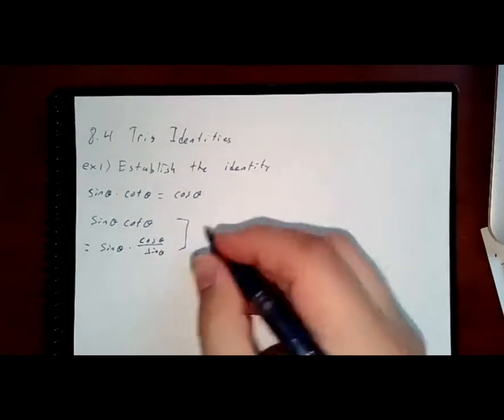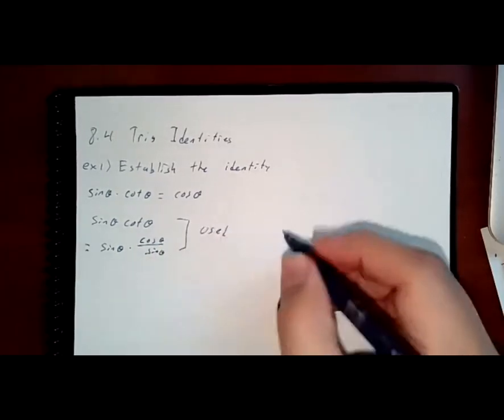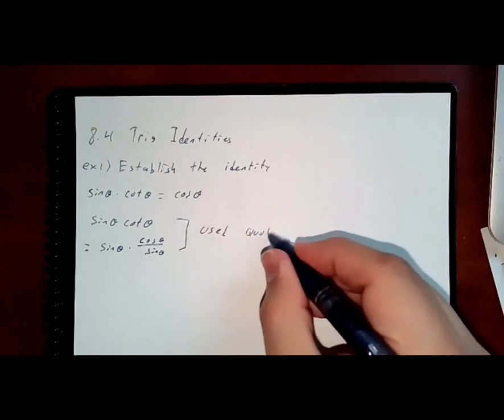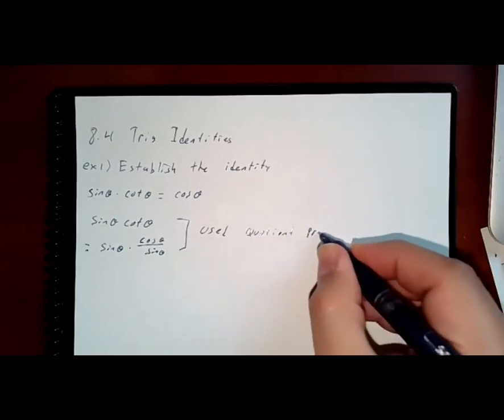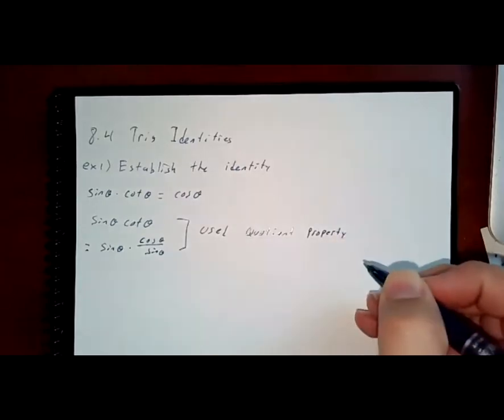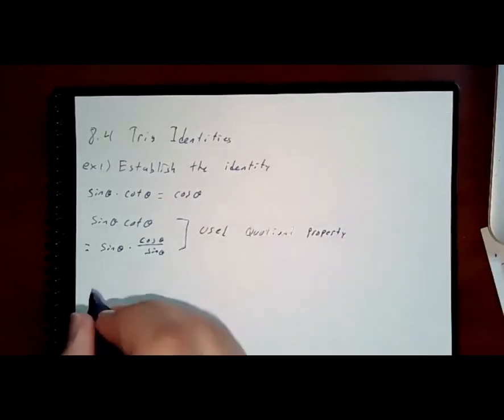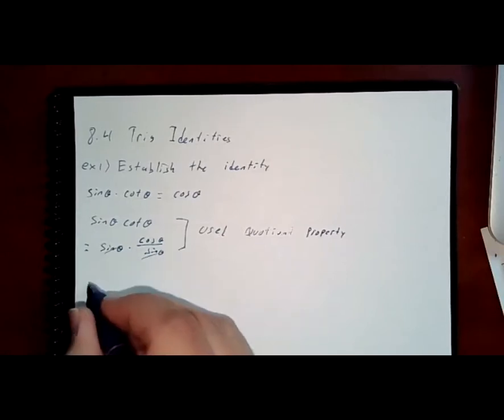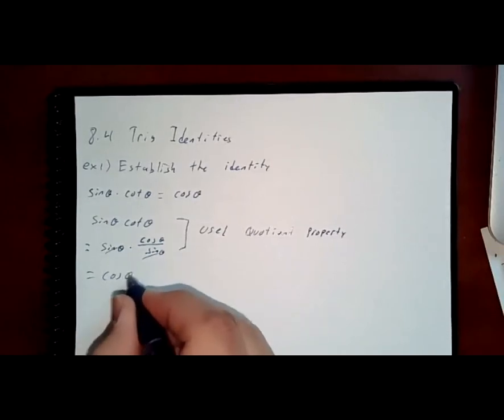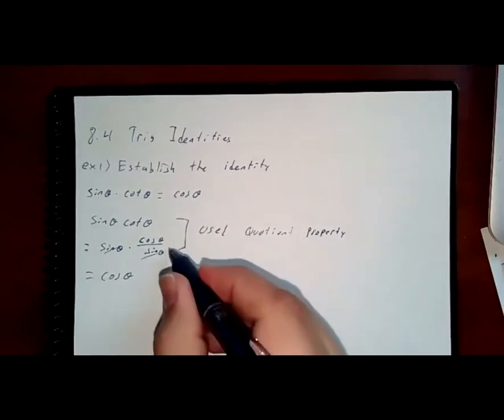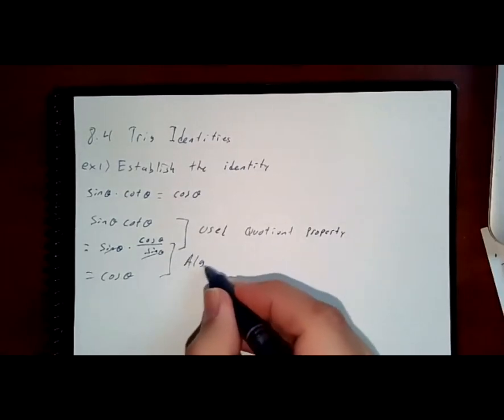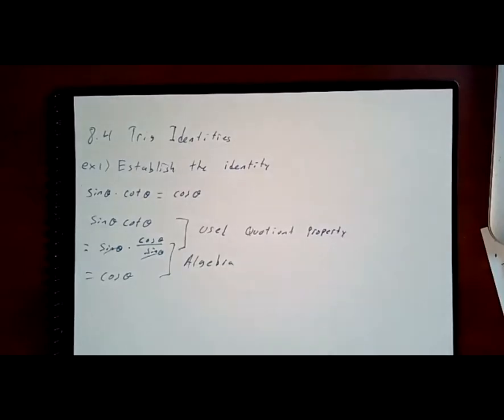So from here to here, I used the quotient property. Then these will cancel, and that will leave you with cosine, which is what we wanted to see. So from here to here, we just did some algebra. Does that make sense what we're trying to do? We're trying to get to the other side. We're establishing that this statement here is true.